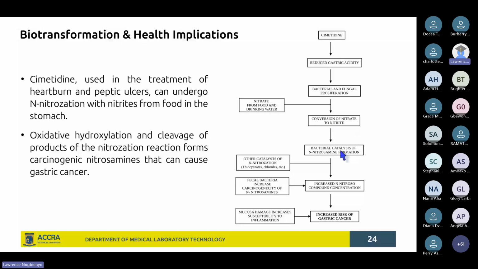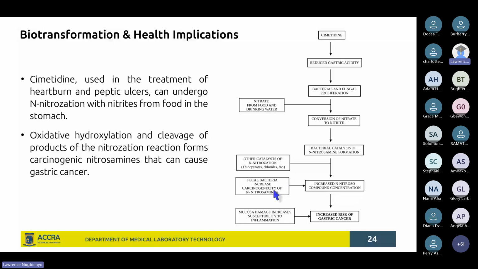Because you have, together with some other compounds that are present in the digestive system, thiocyanate and chlorides, this would increase the concentration of nitroso compounds, and further the action of fecal bacteria would then increase the carcinogenicity of these nitrosamines.